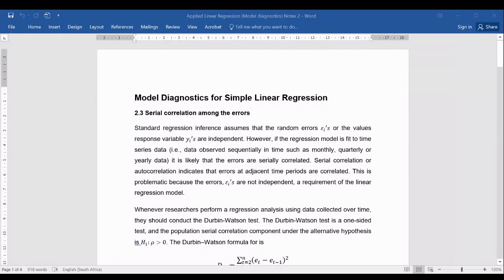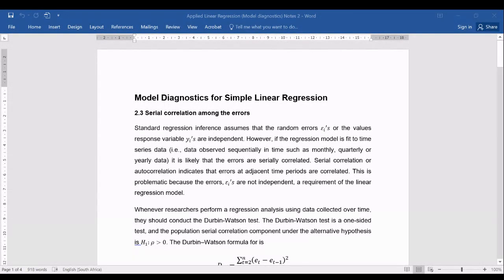So if the errors are not independent, we have a problem, because we cannot trust the results, as the dependence will affect the variance of the response variable or the variance of the errors.